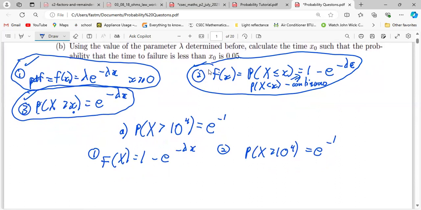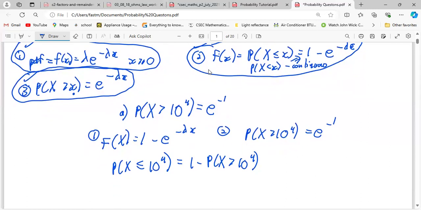To get the CDF, the probability x is less than or equal to 10 to the power 4 in this case will equal 1 minus the probability x is more than 10 to the power 4. If you want something less than or equal to something, you just carve out what's more than it.